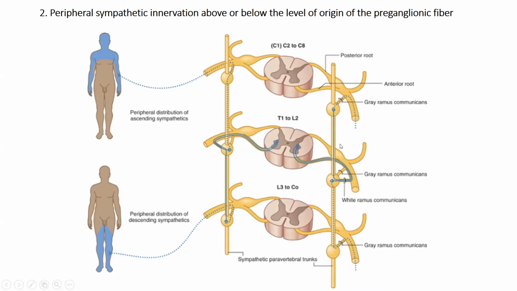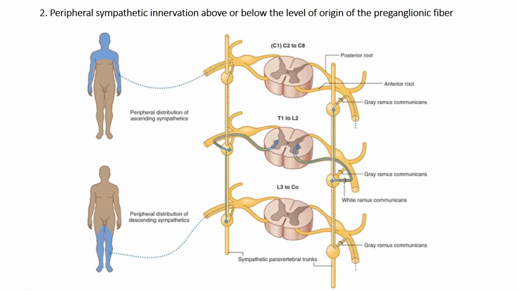So it's usually said that the fibers from the spinal cord at the level of T1 till T5 pass mainly superiorly. It means that they ascend in the sympathetic trunk, and the fibers from T5 till L2 usually pass inferiorly.